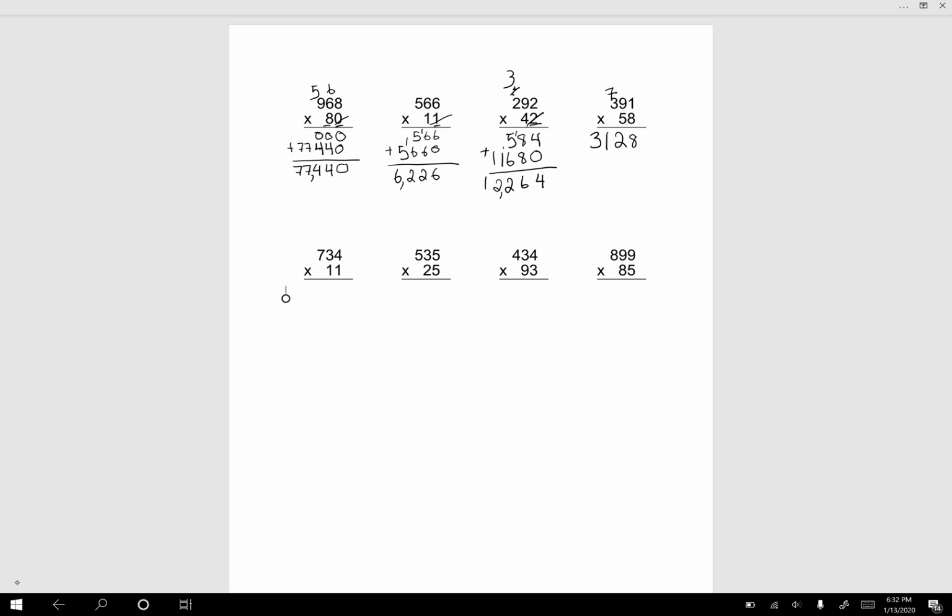Now I'm going to cross off what I'm done with. And now put the 0 as my placeholder and start with the 5. So 5 times 1 is 5. 5 times 9 is 45. I have to carry the 4. 5 times 3 is 15, plus 4 is 19.